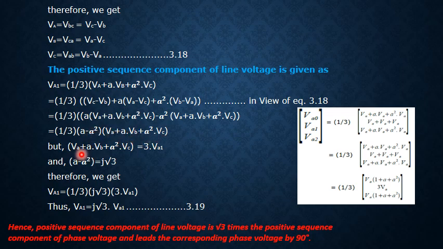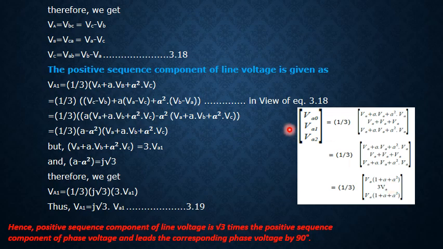From our previous derivation, we observed that for the positive sequence component, all the phase voltages are equal to each other. So the phase voltage term will be equal to 3 times VF, which we simplified in our previous derivation.